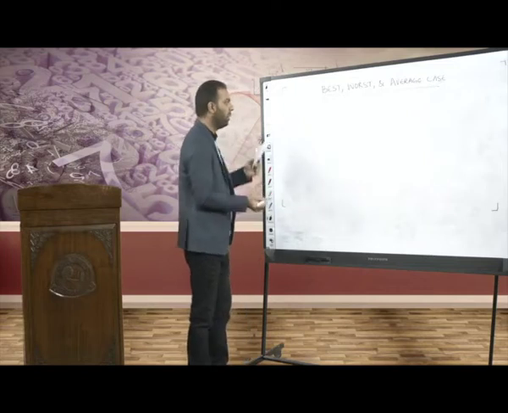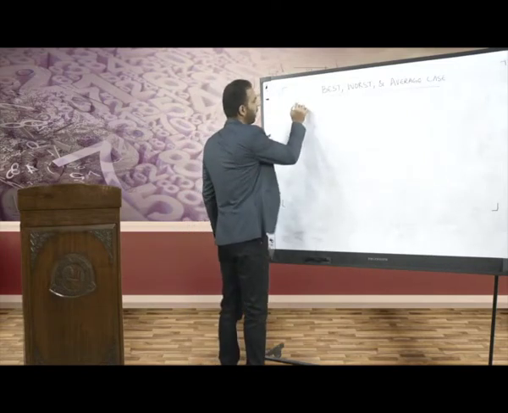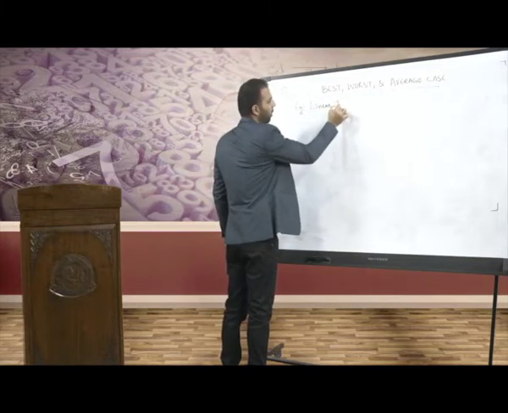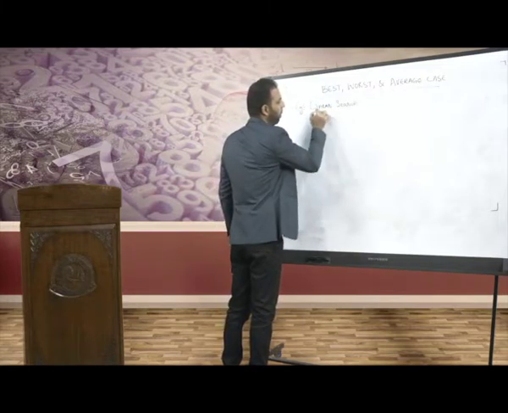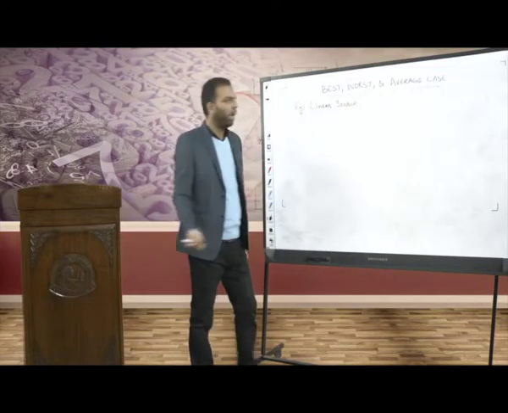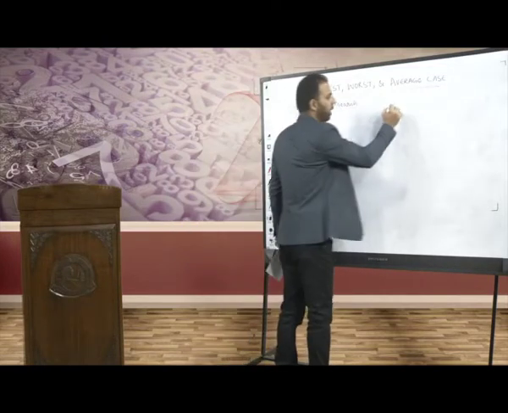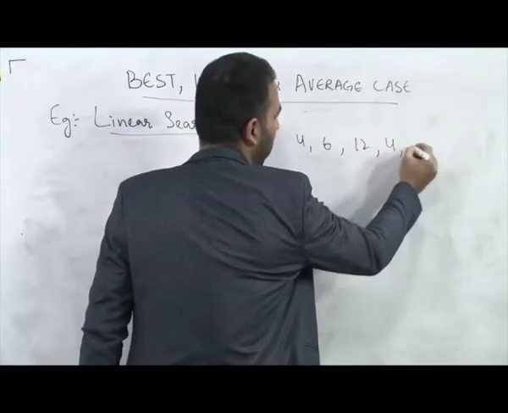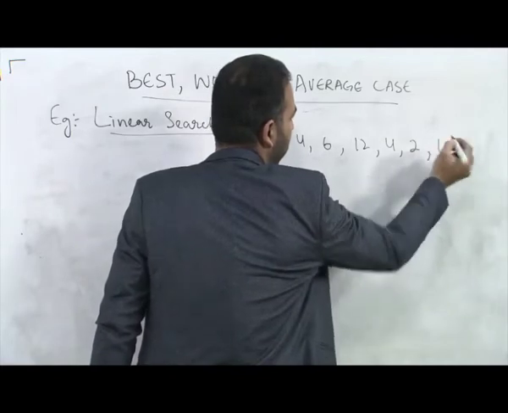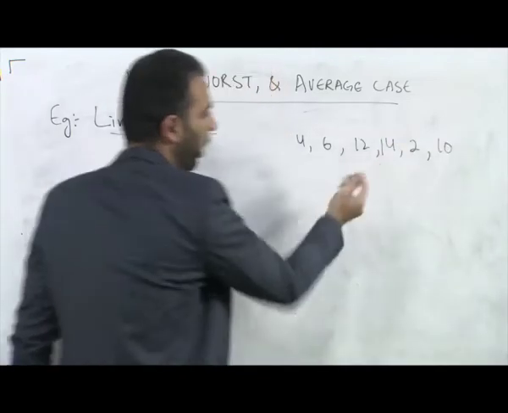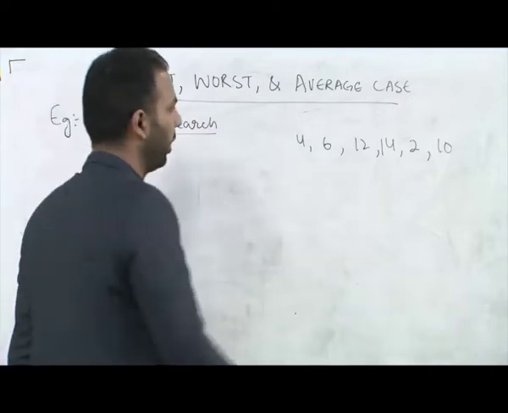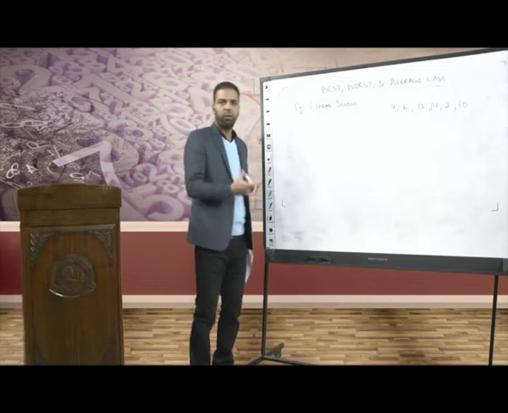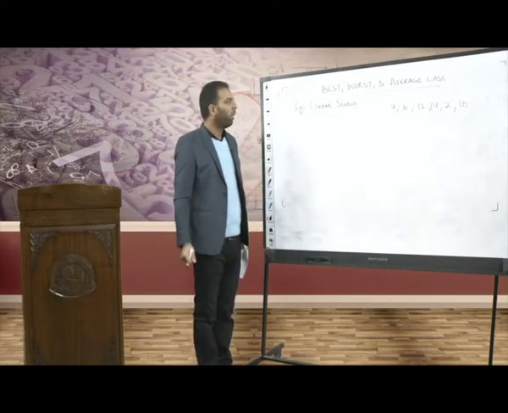Okay, so we will see it with an example of linear search. If we have an array of values, say 4, 6, 12, 4, 2, 10, okay? So I'll write 14 here so that you don't confuse it with the starting 4. If we want to do a linear search over these values, what can be the scenarios?